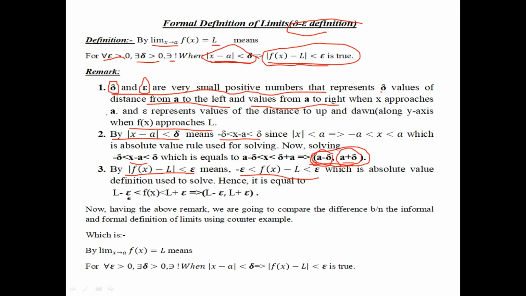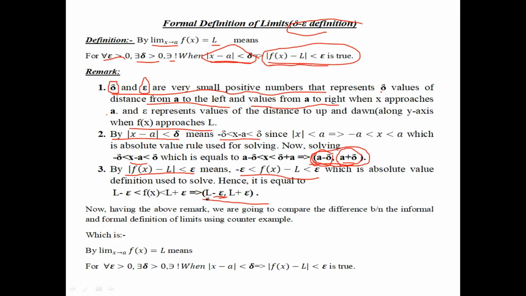Having simplified, finally we get L minus epsilon, comma, L plus epsilon. This is the same as a minus delta, comma, a plus delta.